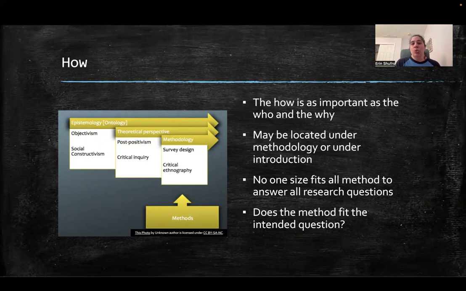There is no one size fits all method to answer all research questions, no matter what kind of research you're doing. So what you really want to be looking for is, does the method fit the intended question?